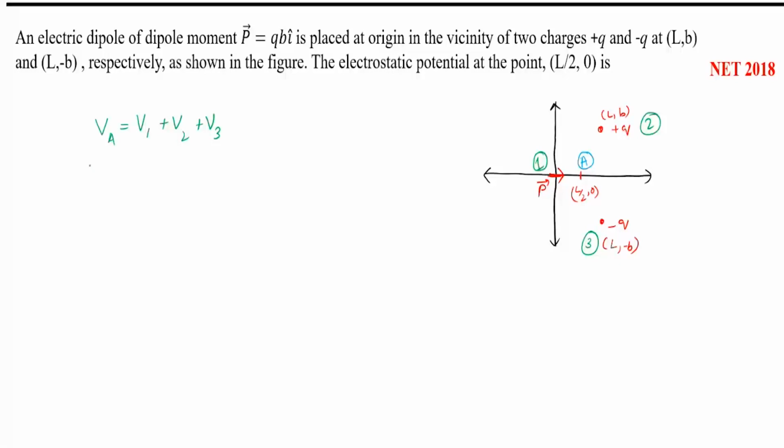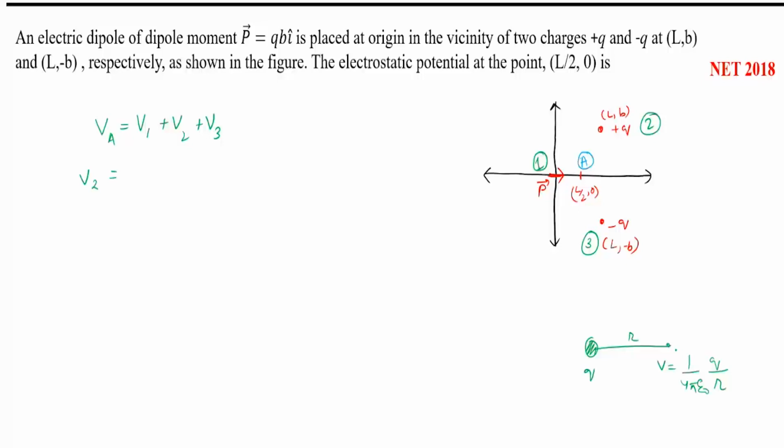Now, what is V2? It's a point charge, right? You know the formula: for a point charge Q placed at a distance R, the potential is given by 1 by 4 pi epsilon naught, Q by R.